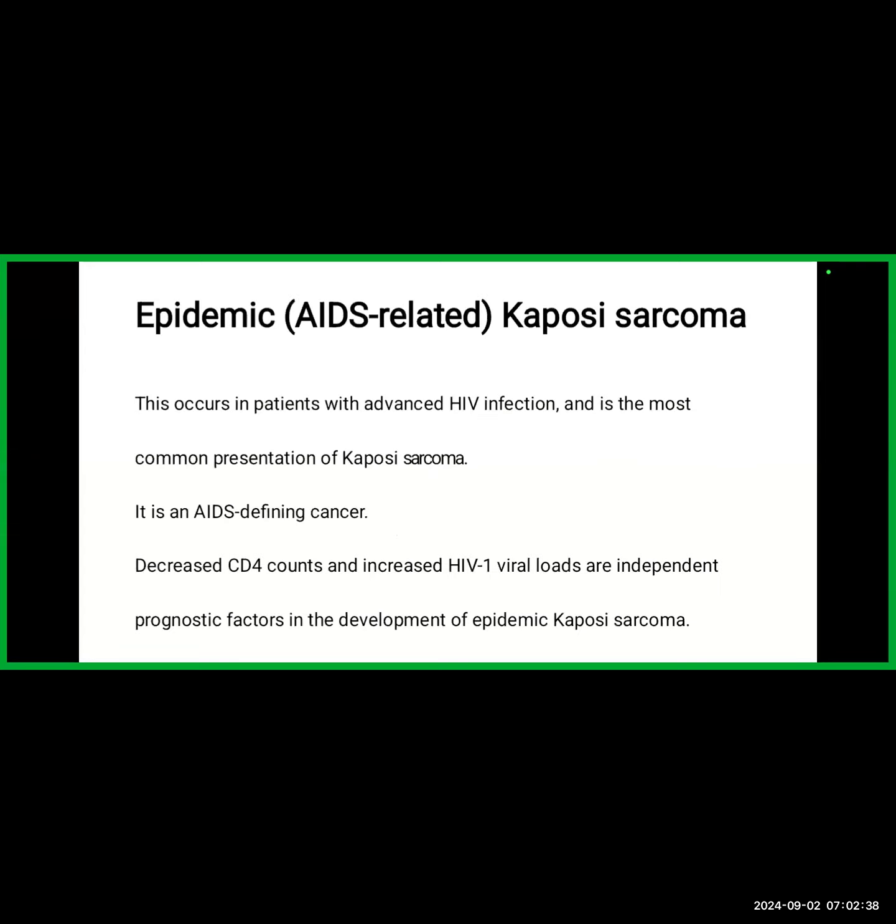The epidemic or AIDS-associated Kaposi sarcoma occurs in patients with advanced HIV infection and is the most common presentation of Kaposi sarcoma. It's an AIDS-defining cancer. Decrease in CD4 count and increased HIV viral load are independent prognostic factors in the development of epidemic Kaposi sarcoma.